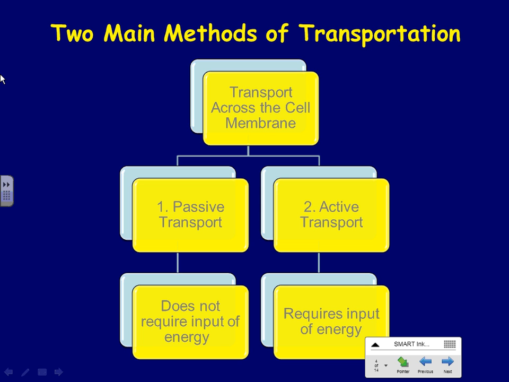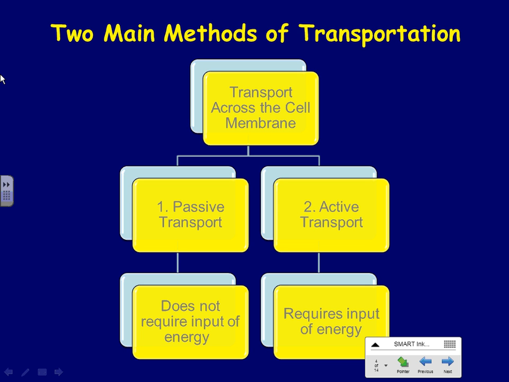Passive transport does not require the input of energy. It happens all on its own. And active transport does require the cell to give up some energy. It costs the cell in terms of energy. Like passive transport, if you're passive, then you let things go by.